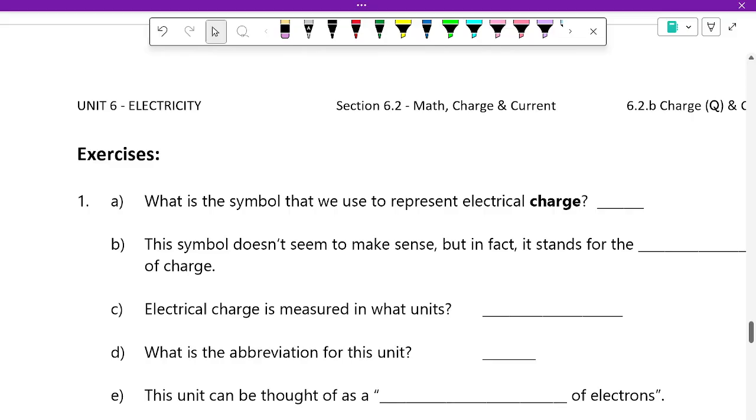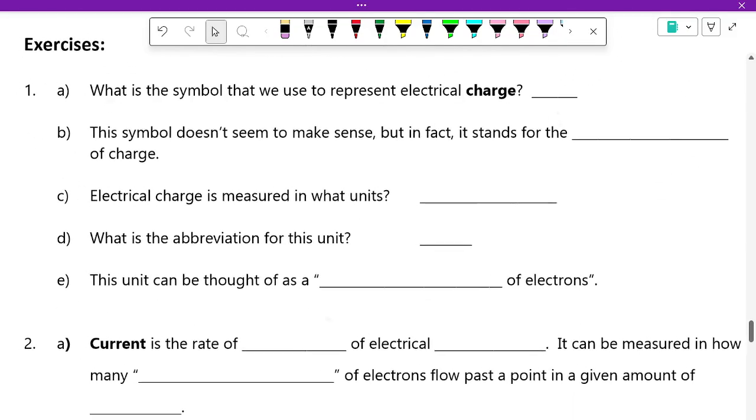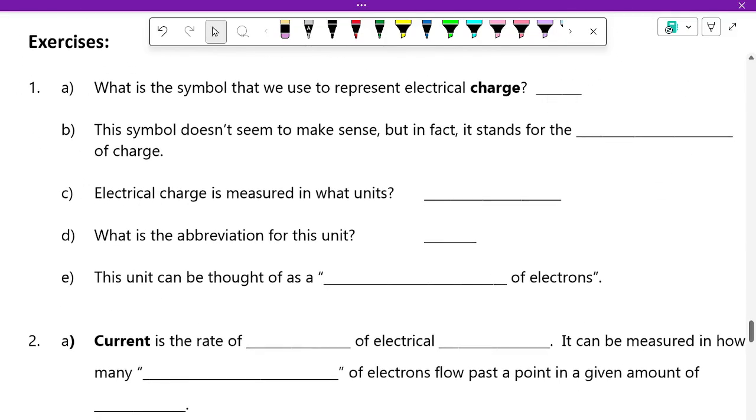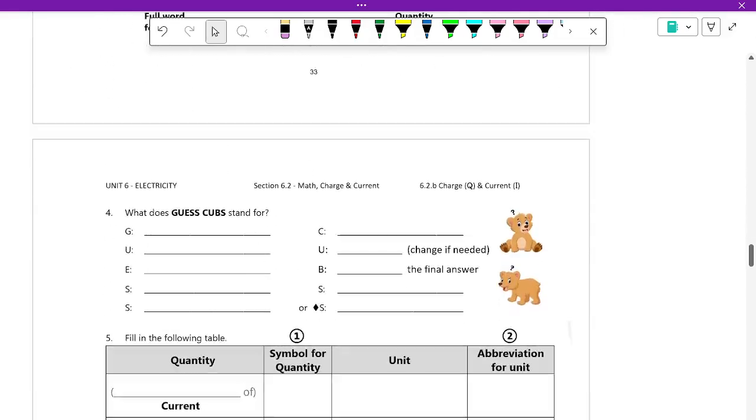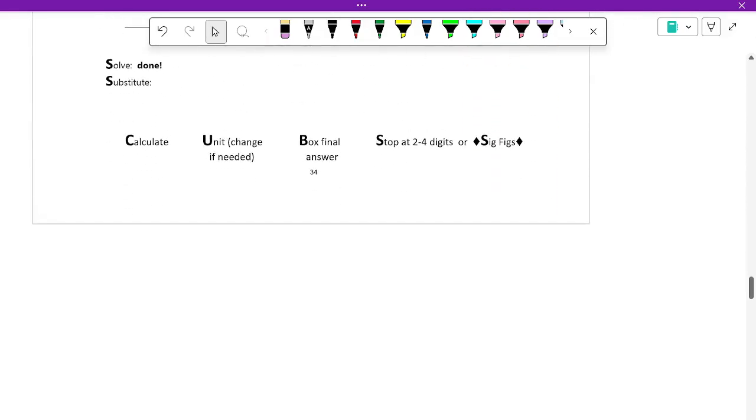And now, you guys can start some exercises here. Okay? So we're going to do pages 33, 34.